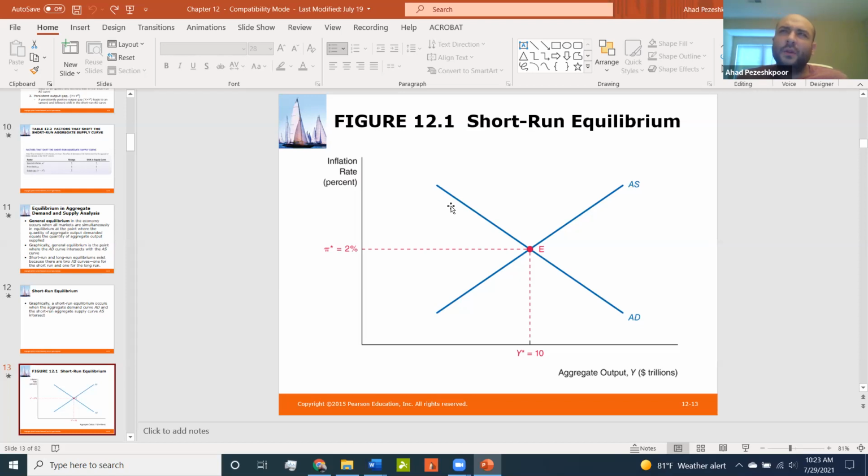I don't know how correct that is, but this helped me understand this. Aggregate supply is an active thing, but aggregate demand is reactive. It doesn't act, it reacts.